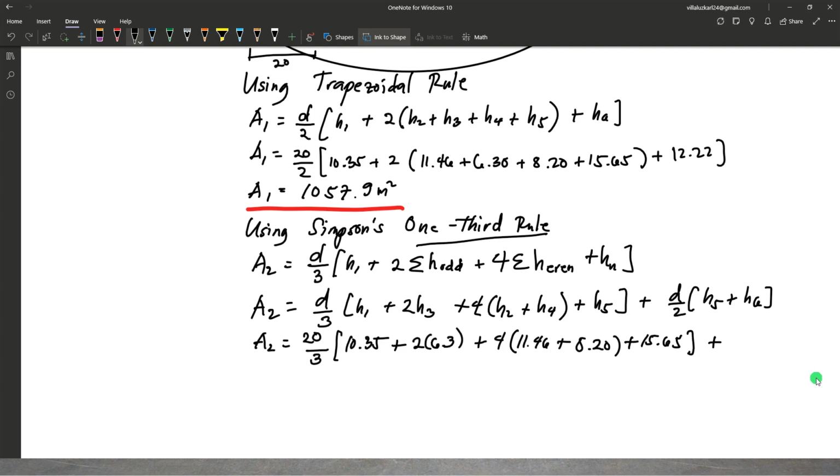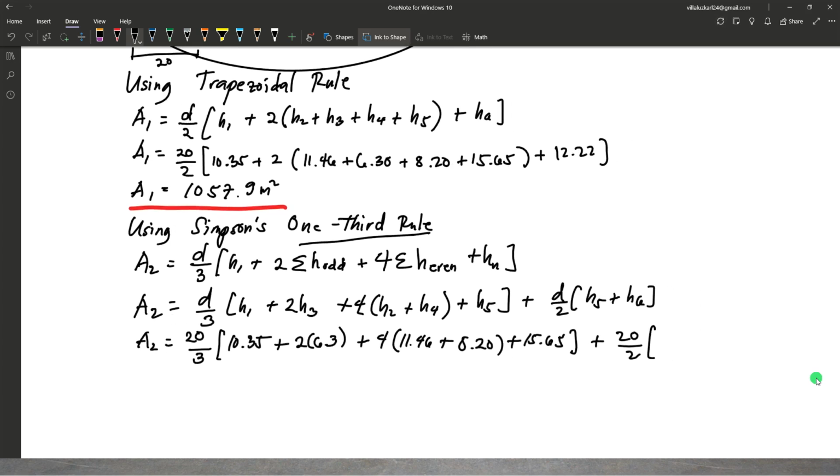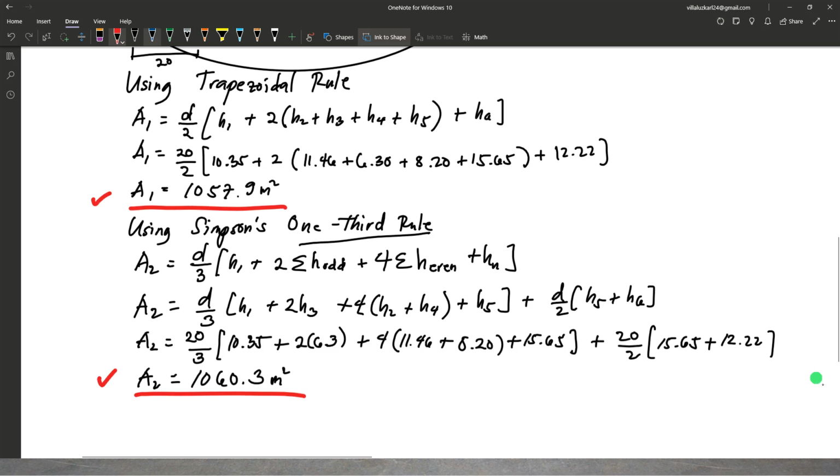Okay, plus 20 over 2 times h5 is 15.65 and h6 is 12.22. When we compute all that in our calculators, we have an answer of 1060.30 square meters.